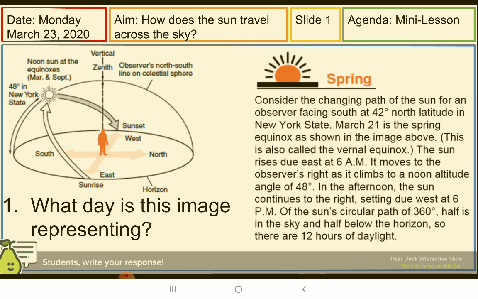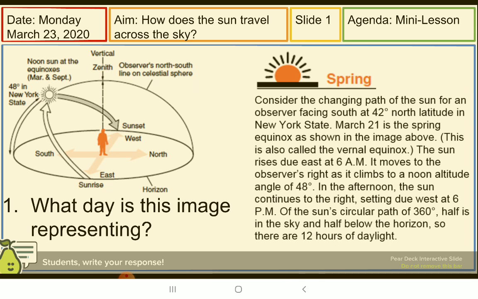There is what appears to be a globe over them, and then if you look on the ground, there are the cardinal directions, north, east, south, and west. You can see the sun labeled, and the arrows show you how the sun moves across the sky. On this particular diagram, it's showing you the noon sun on the equinoxes, which are March and September.